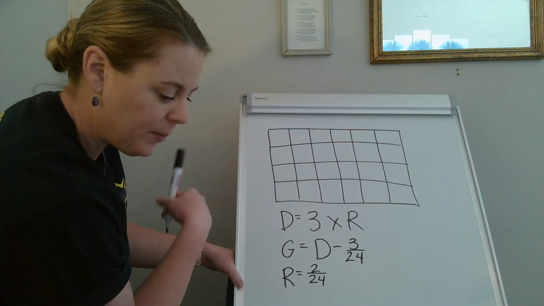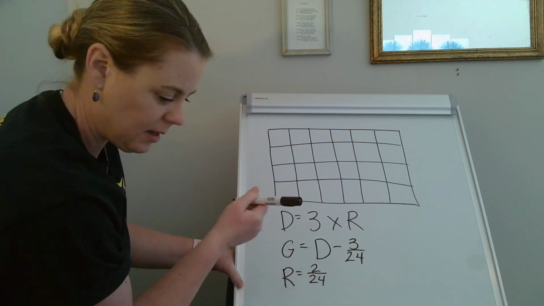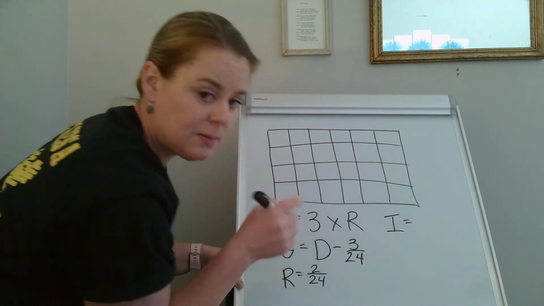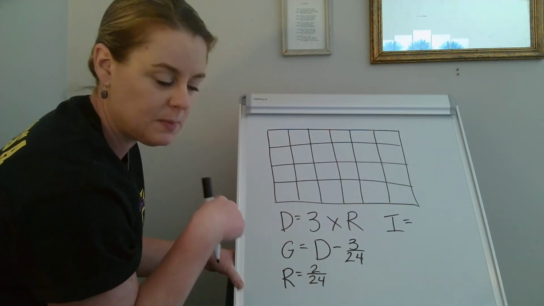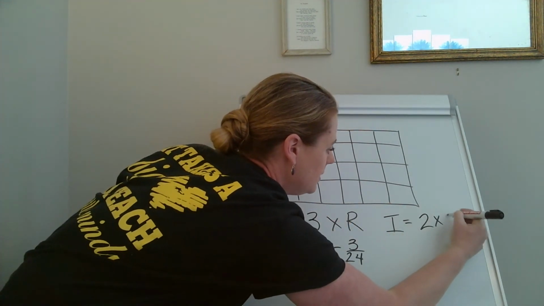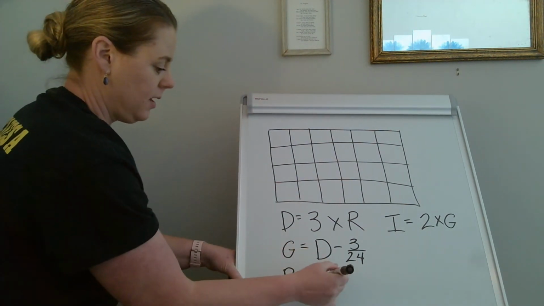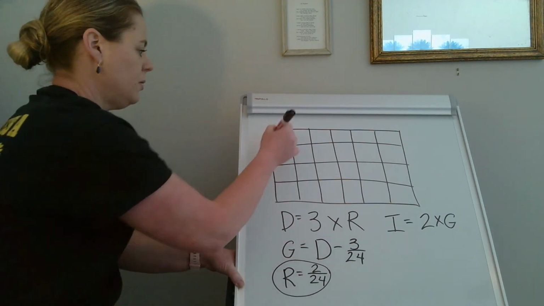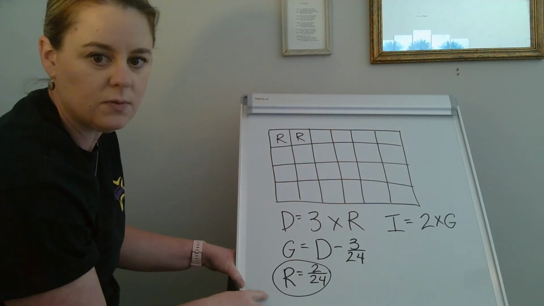And Isaac painted twice as much as Guy. So Isaac equals twice as much. What does twice mean? Good. 2 times as much. So 2 times Guy. We know Rhett is 2 24ths, so we're going to put an R and an R for Rhett.